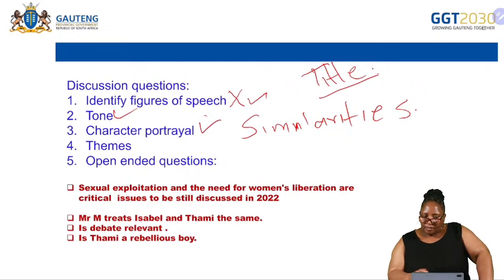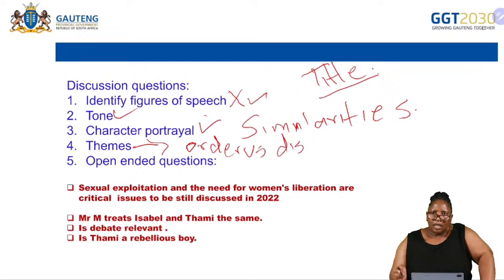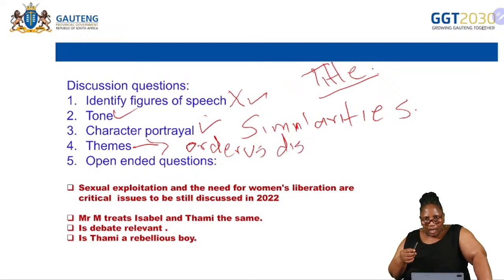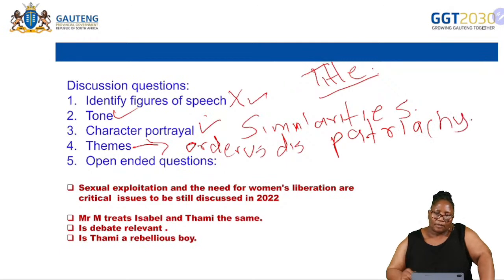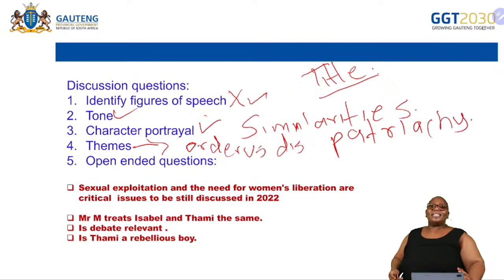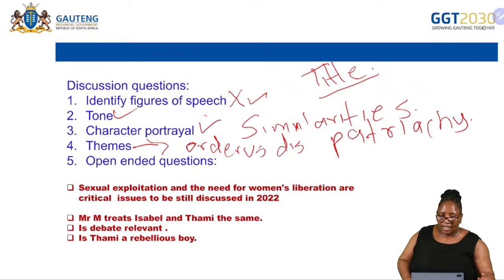Themes. Various themes that you can identify. One, order and disorder. Order versus disorder. Two, what about patriarchy? Having read what Tammy said, you can easily pass him as somebody who's very patriarchal, isn't it?